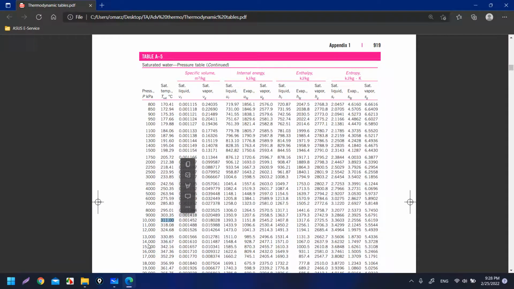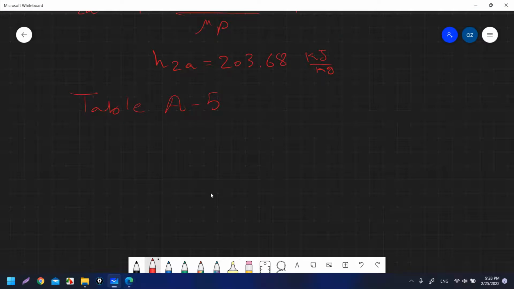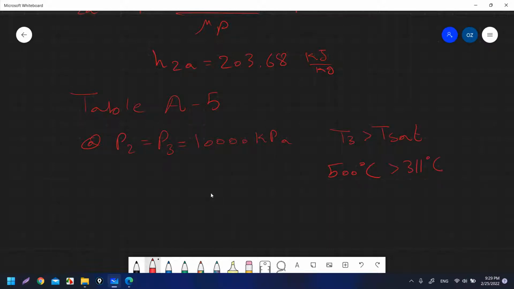So we are in the superheated region. So at P2 equal to P3 equal to 10,000 kilopascal, T3 is higher than Tsat, 500 degrees Celsius is higher than 311 degrees Celsius, so it is a superheated state.